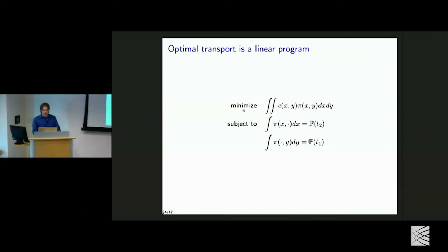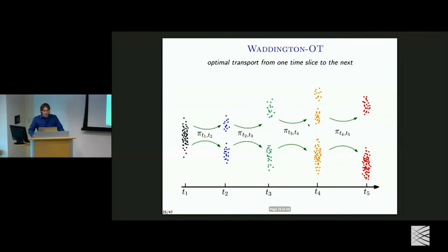So this is our stochastic process, the developmental process at time t1 and at time t2. The basic idea is that we're going to do optimal transport from one time point to the next in order to estimate these couplings. At a high level, this is what we're going to do.